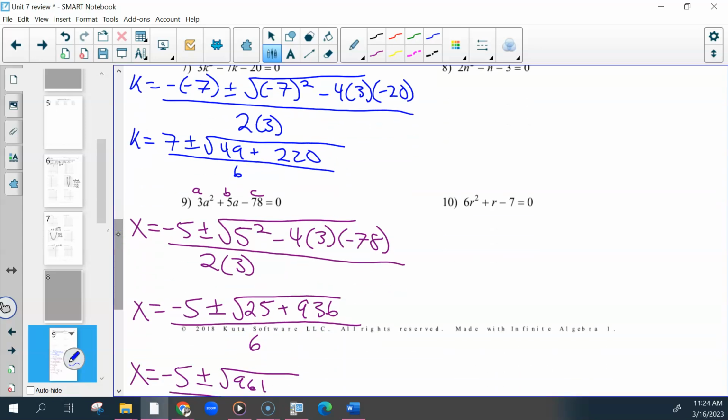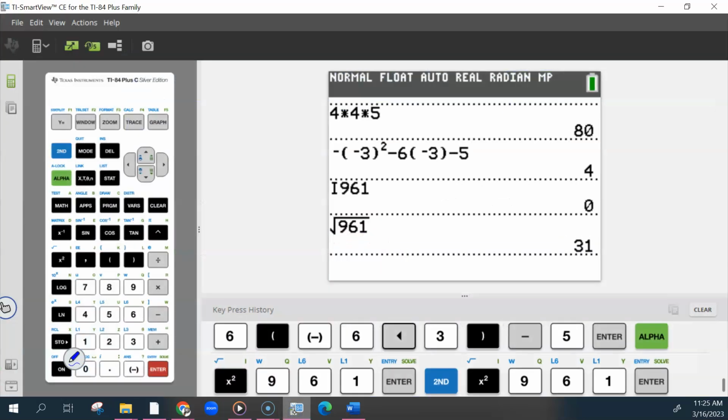Add 220 and 49. You got this one, which I think is correct.